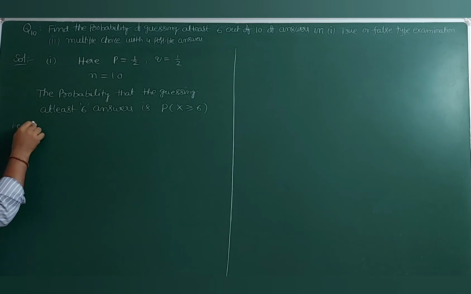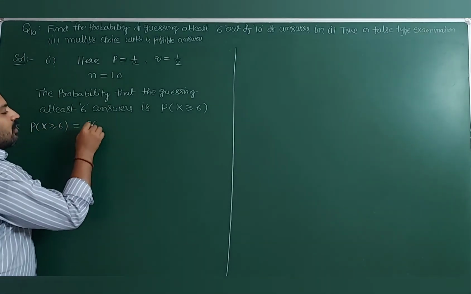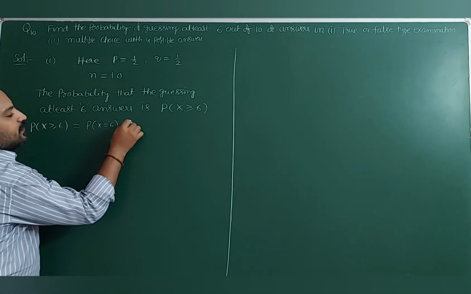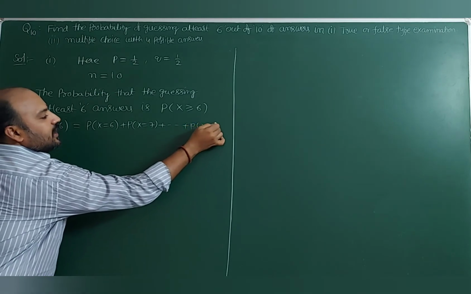That is, P of x is greater than or equal to 6 means P of x is equal to 6 plus P of x is equal to 7 plus and so on, P of x is equal to 10.